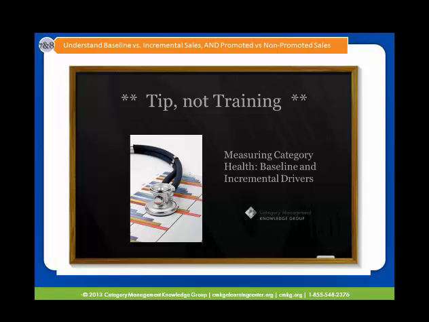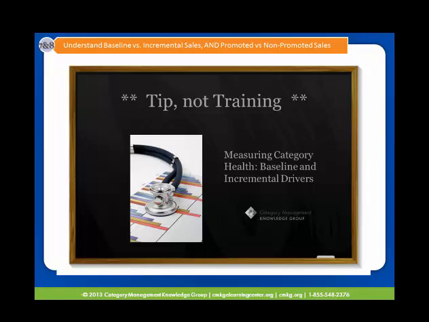Sometimes in certain instances you need to have a particular data source, but by no means in all cases. We've got a course called Category Management Unlimited Data, which is another favorite because it gives you tips and tricks on how to leverage the data you have to still take this approach, because it's a myth that you need to have a full suite of data in order to follow a category management approach.